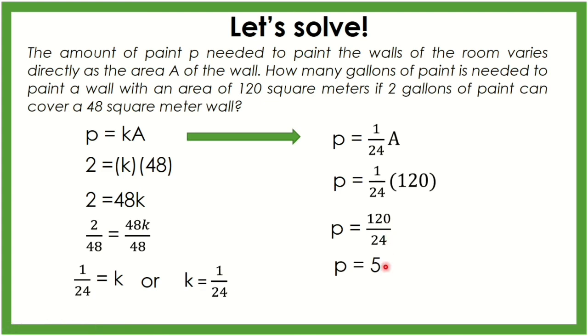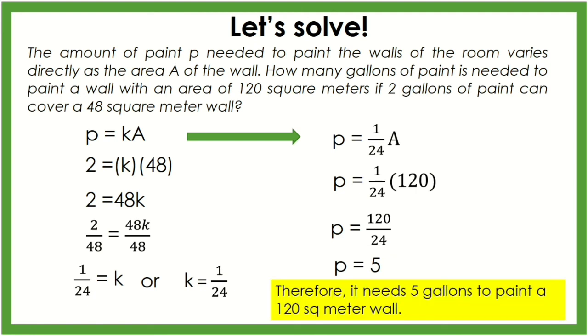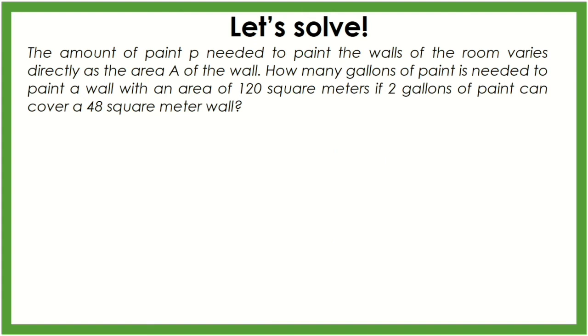P equals 5. So, 120 divided by 24 is 5. Therefore, it needs 5 gallons to paint a 120 square meter wall. Gagamitin natin yung second way or second solution.